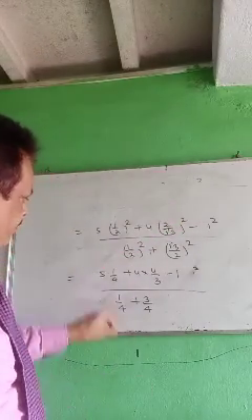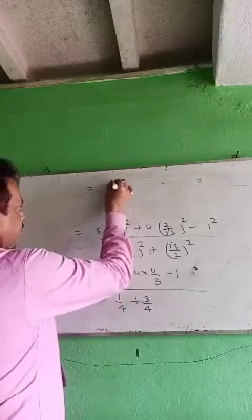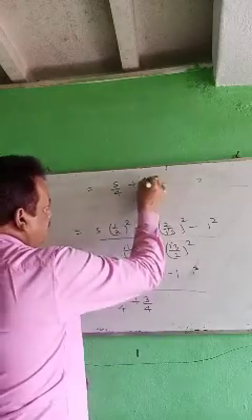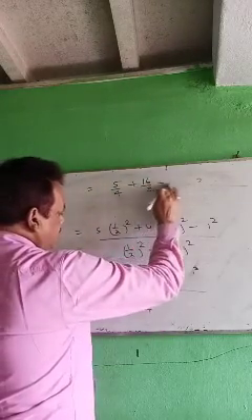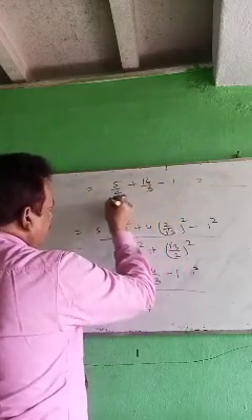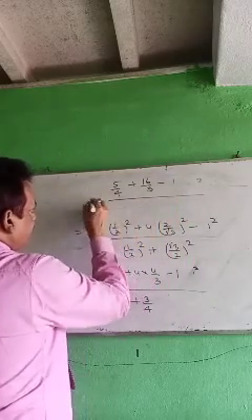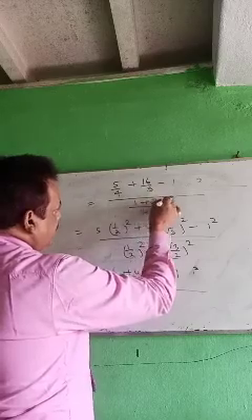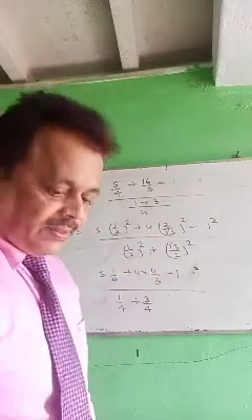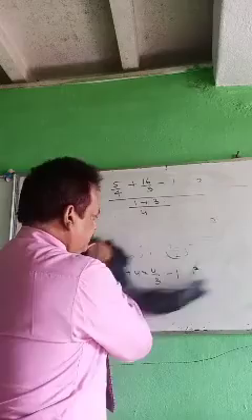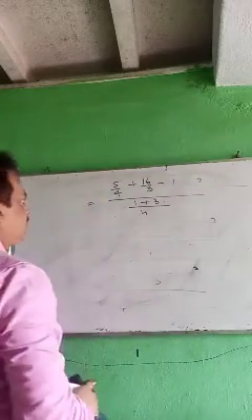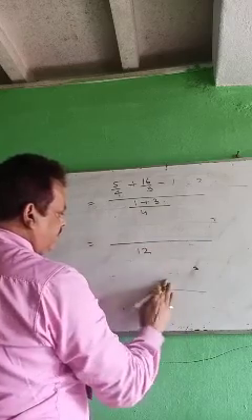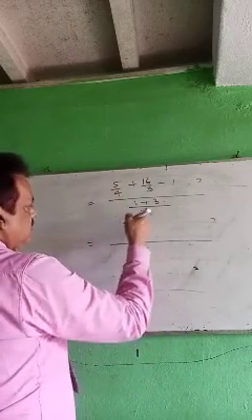You will get 5 by 4 plus 16 by 3 minus 1, divided by 1 plus 3 by 4. 4 is the LCM. Then how much you will get? 12 is the LCM.